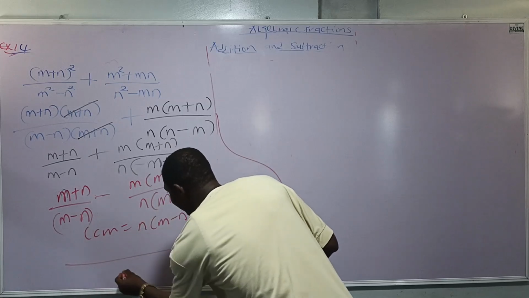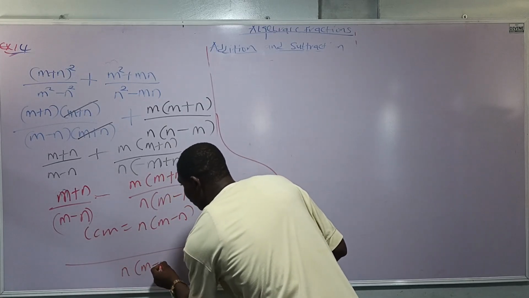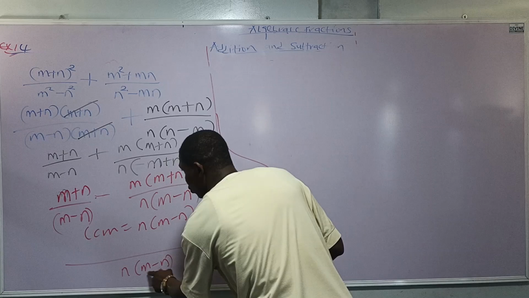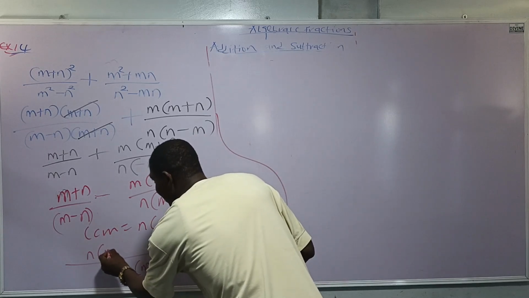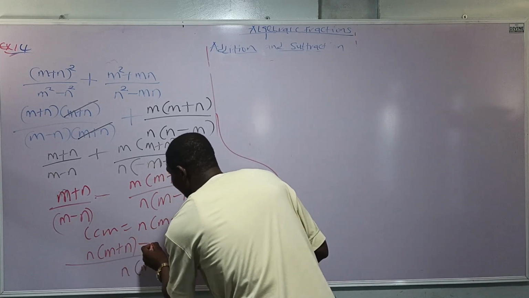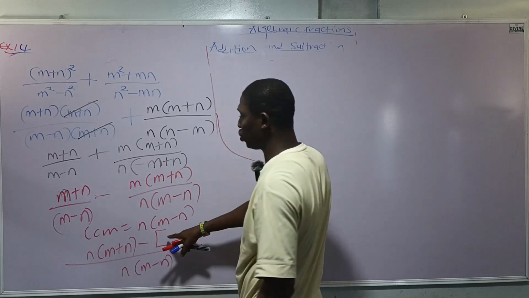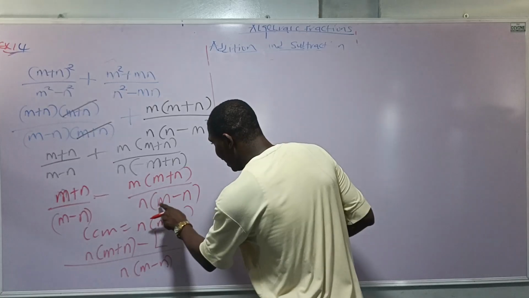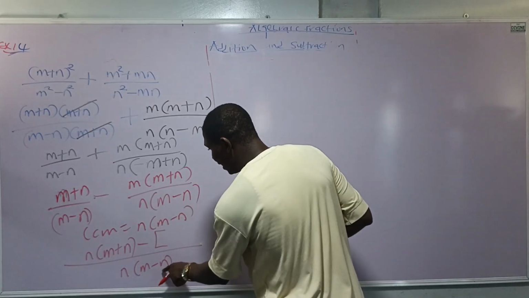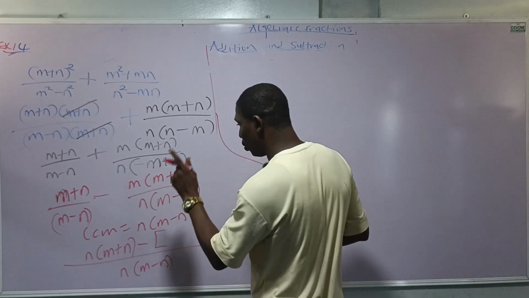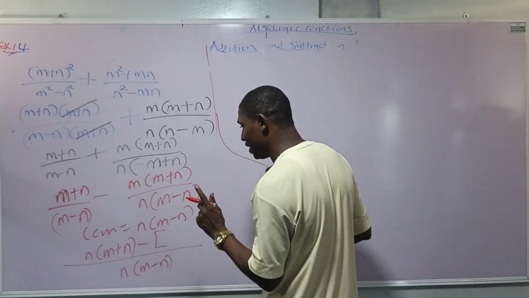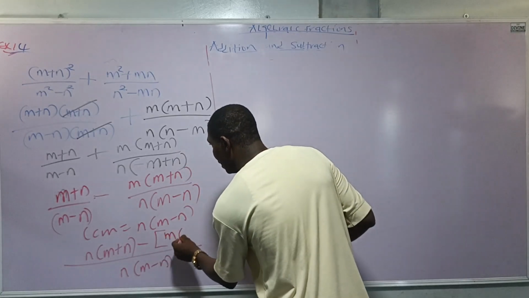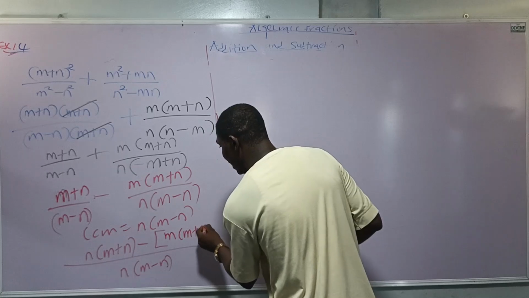If I put my LCM at the bottom and divide this, I have n left, or have n(m plus n) minus, I will use my square bracket. This is negative because this is a negative sign, and I'll have n(n minus n) divided by n, and n minus n will give me 1, because anything divided by itself is 1. And I'll have m(m plus n).